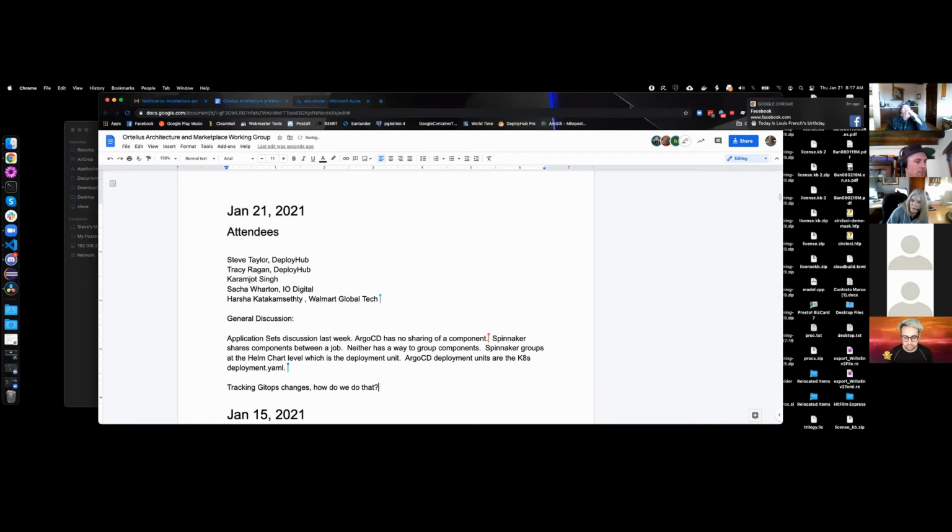Well, something like Argo or Spinnaker, do they care if we pass to them the deployment file, whatever kind of deployment file it might be? No, Argo is going to look at a Git repo. Right.